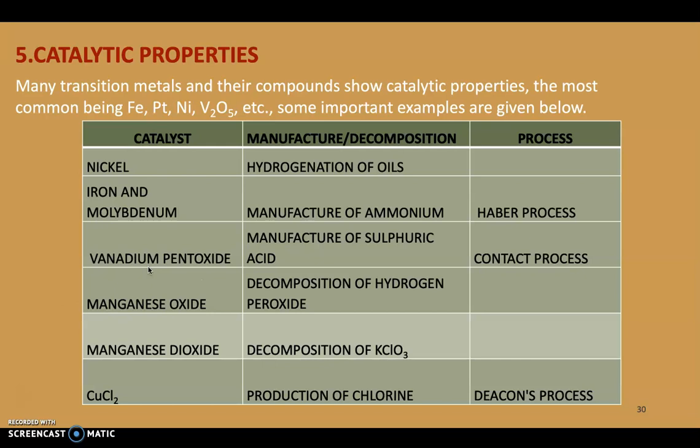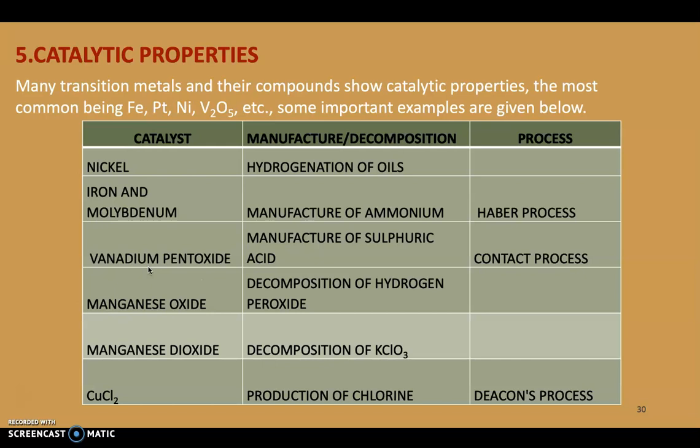In the preparation of many compounds, d block elements are used as catalysts. Nickel is used in the hydrogenation of oils. Iron and molybdenum are used in the manufacture of ammonia in Haber's process, where iron acts as a catalyst and molybdenum as a promoter.